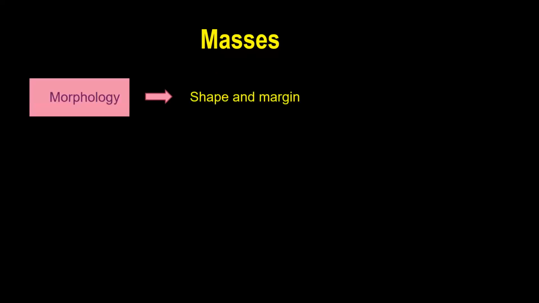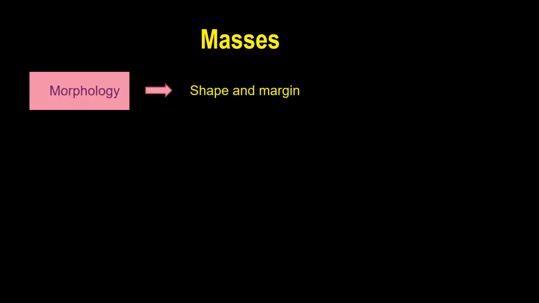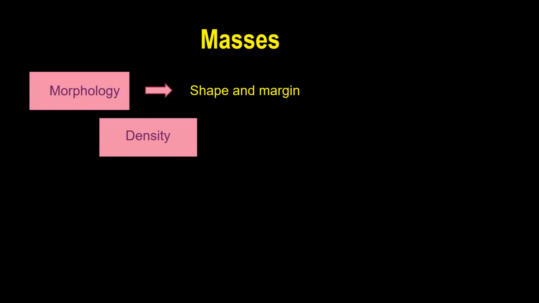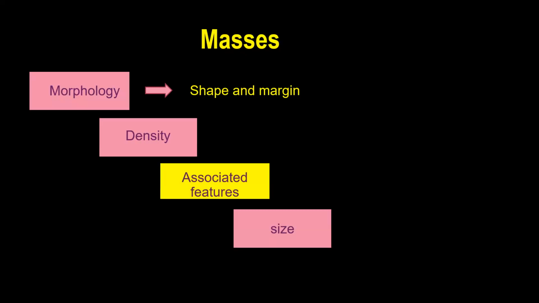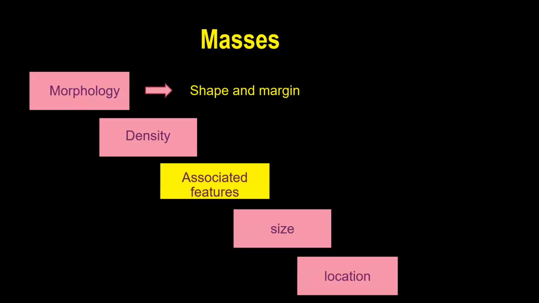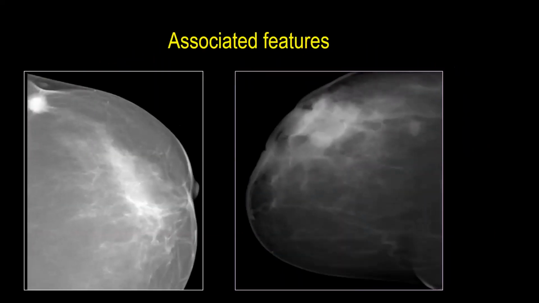We said the mass will be characterized by morphology, shape, margin, and density. Then we will go for the associated features, after which size and location. What are the associated features here? Skin thickening and nipple retraction.